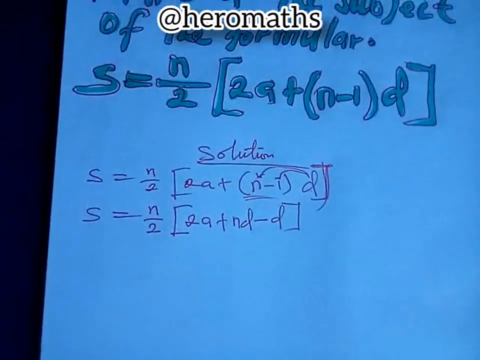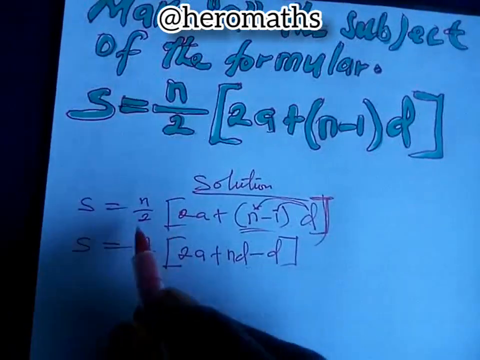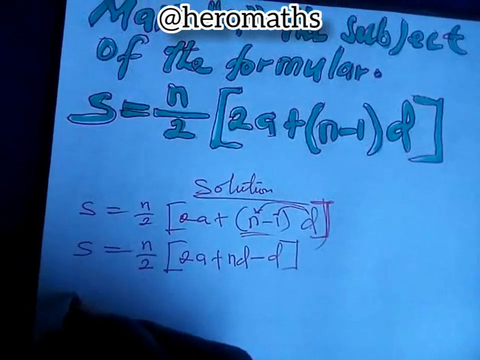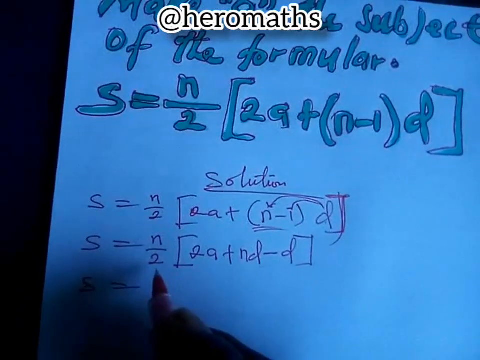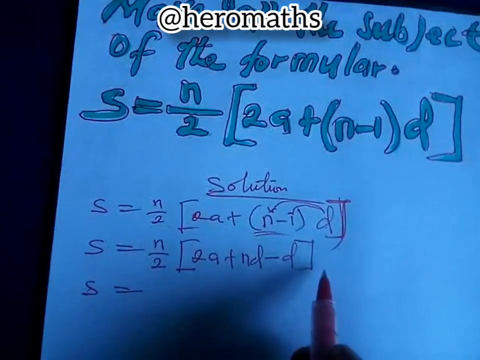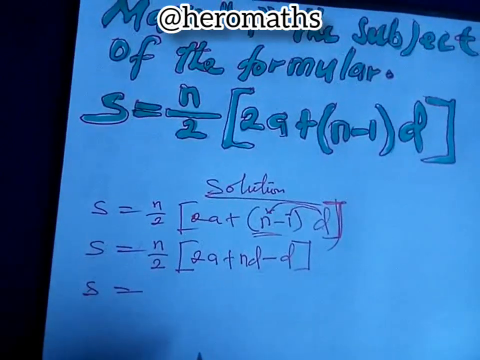Now let us expand the whole of this by opening the bracket. So S is equal to, we have known that when we have something like this, only the up will multiply what is inside the bracket and the answer will be divided by what is down. You understand?